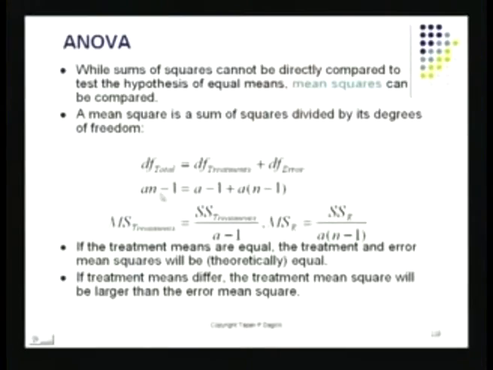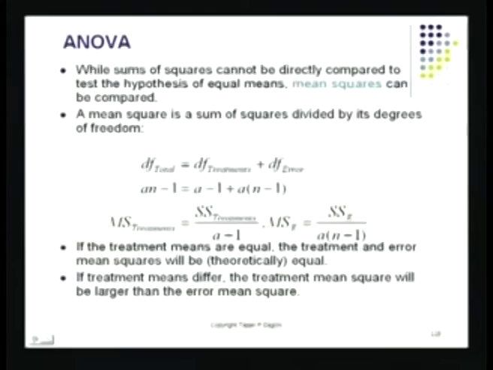Why is the total degrees of freedom a times n minus 1? Well, it turns out that in order for me to find all the different deviations, I had to measure at least one quantity from the data that I then used to find all the different deltas, all the different deviations. That one quantity is going to be the overall average, the y bar dot dot.